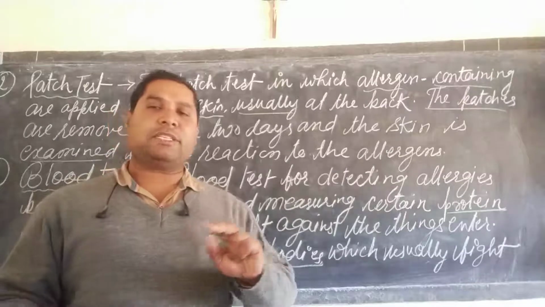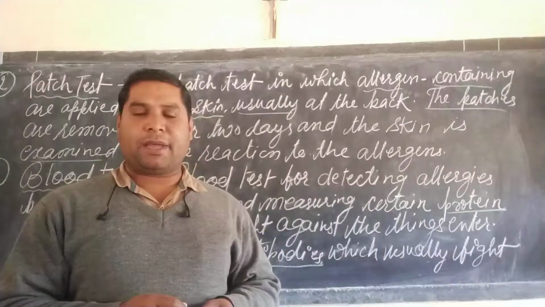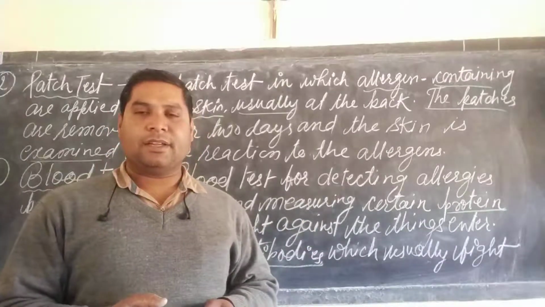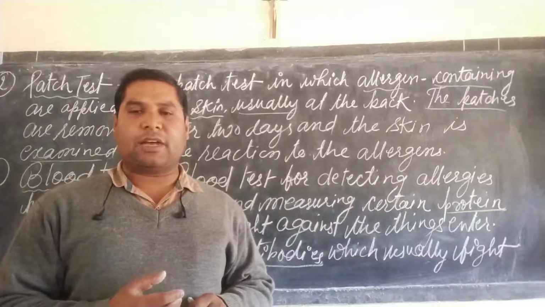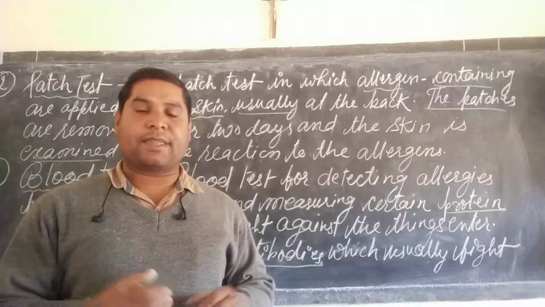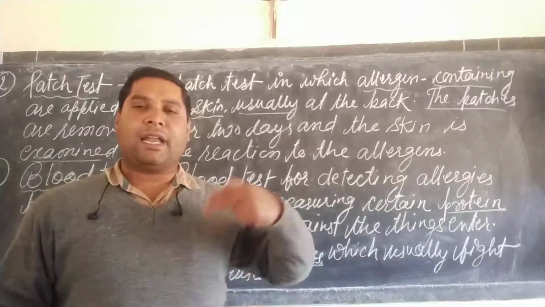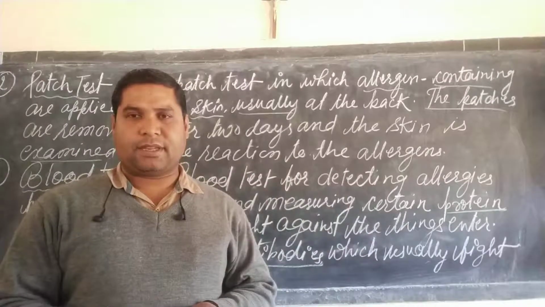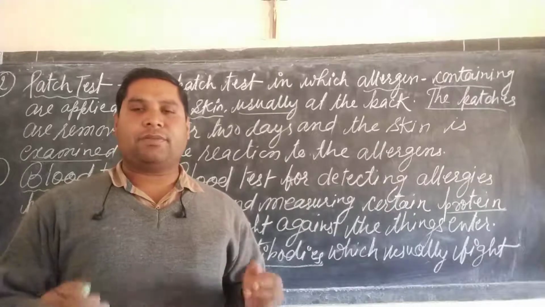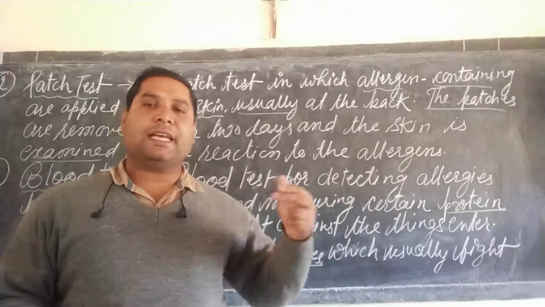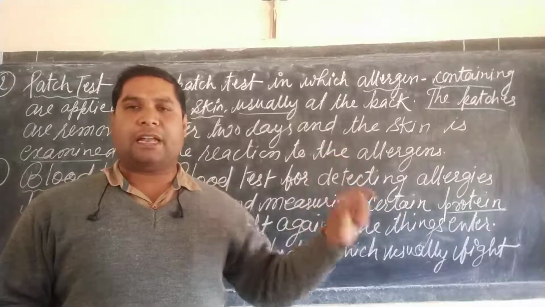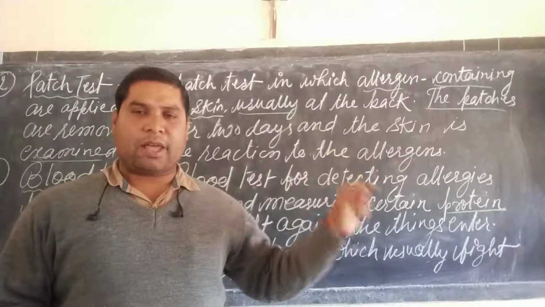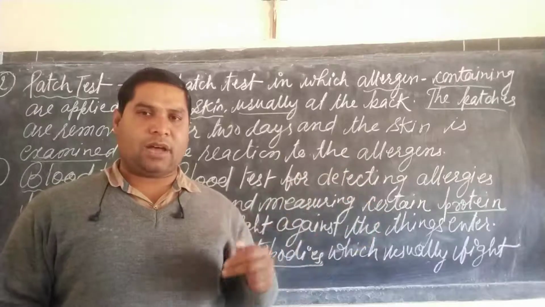If the antibodies are able to fight and make it harmless, then the person will not be allergic to that particular allergen or the particular substance. If antibodies are unable to fight, the person will suffer or be allergic to that particular substance or allergen or the microorganism which enters the body.